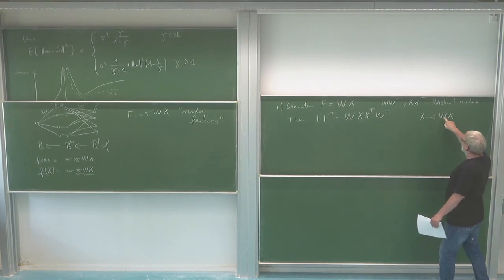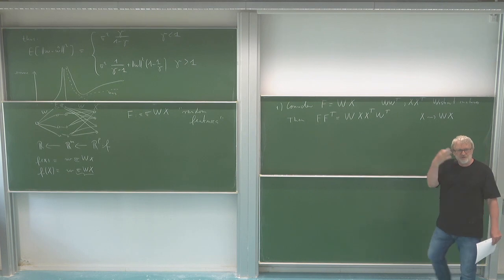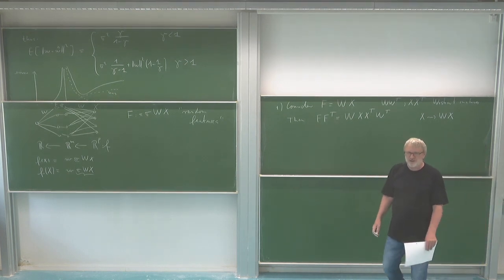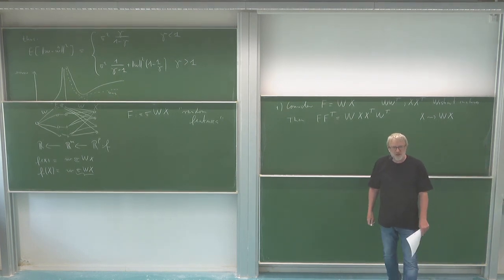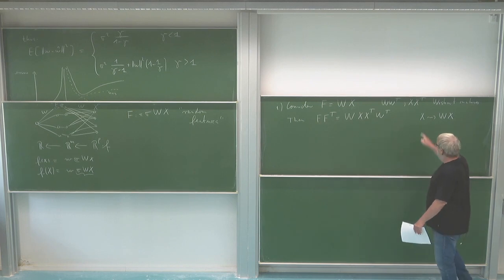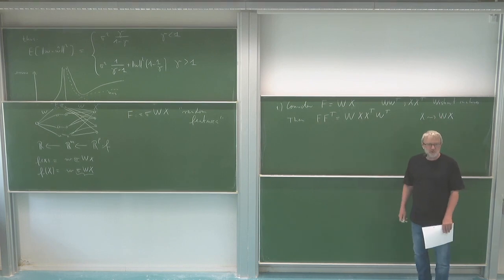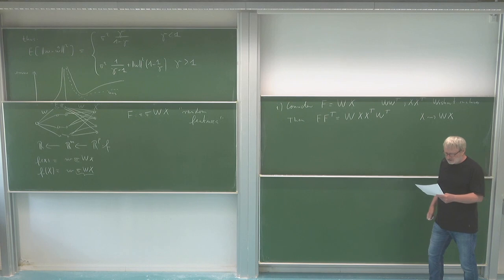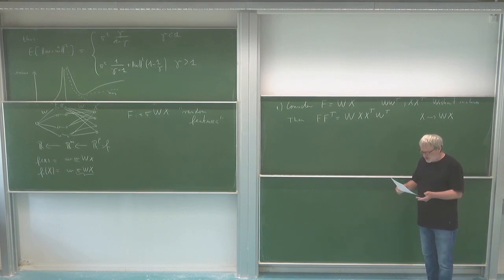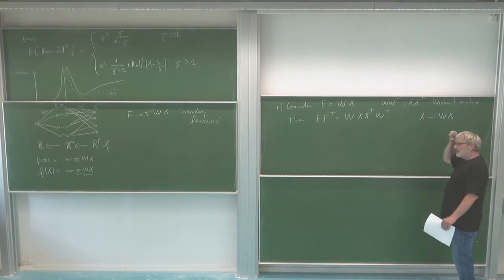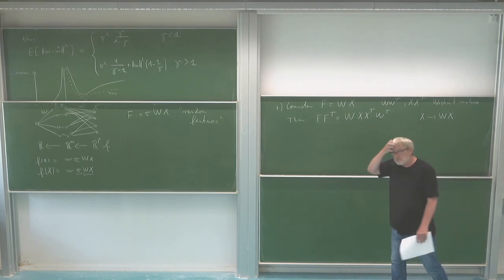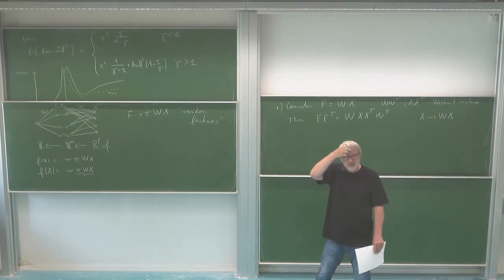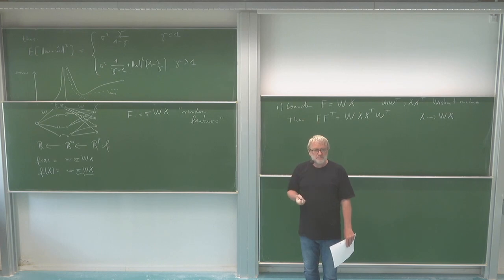I'm acting with a linear mapping on this, and we already have seen this in some exercises, that this really means we are essentially changing the covariance of x. So we still have a Gaussian vector, but the covariance is now getting more complicated, and it's essentially given by conjugating with this W. So what I have here is still kind of a Wishart matrix, but the covariance matrix is not the identity, but it's more complicated.